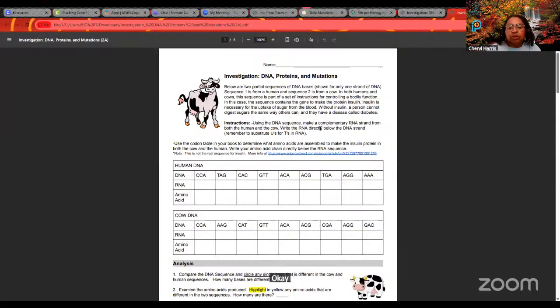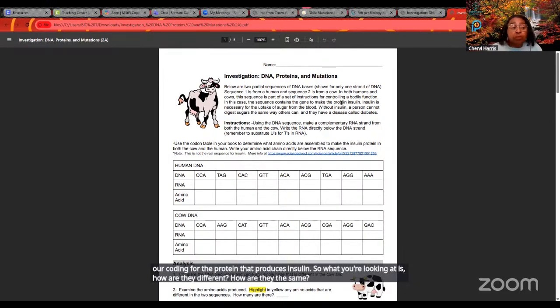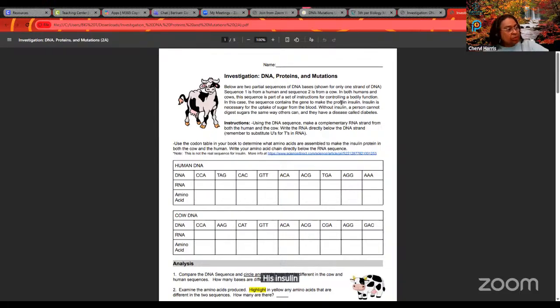Okay, it starts off by telling you that both the strand for the cow and the strand for the human are coding for the protein that produces insulin. So what you're looking at is, how are they different? How are they the same? If they're both coding for insulin, they should be similar, because insulin is a similar product in mammals.